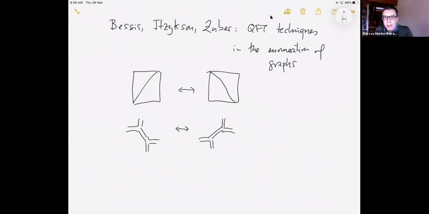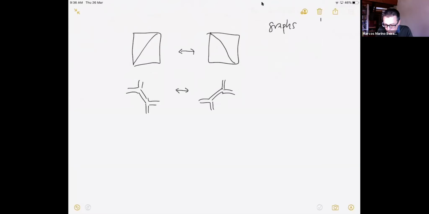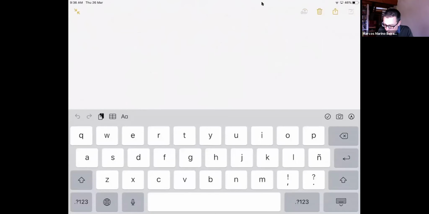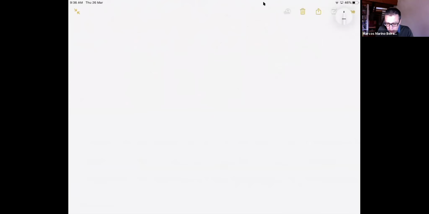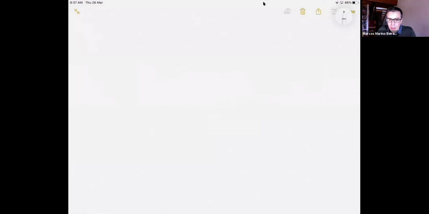Okay, more questions, comments? Okay, so now I'm going to really change subject. This first chapter was really a trivial thing, in the sense of using quantum field theory in 0 dimensions.